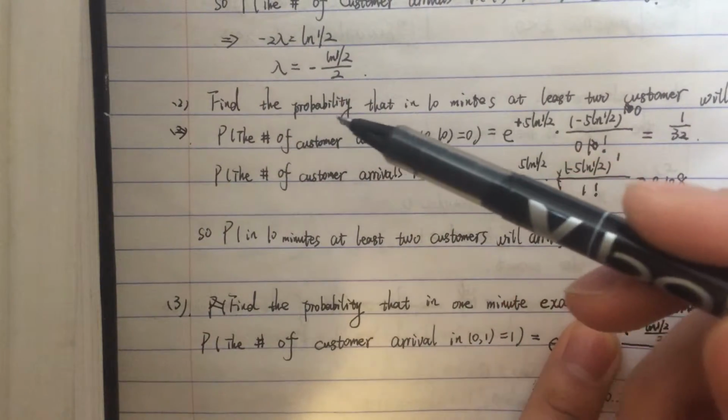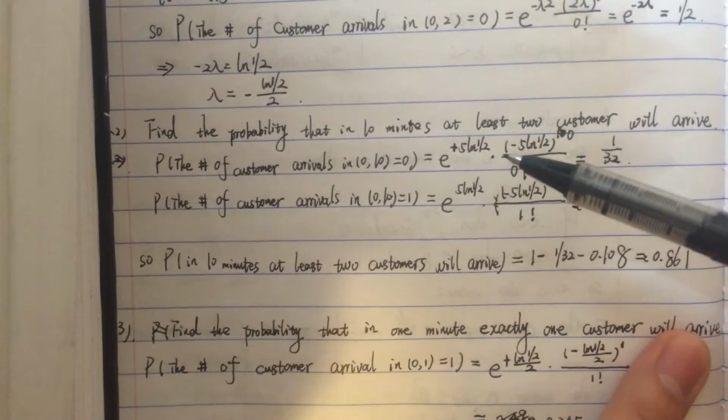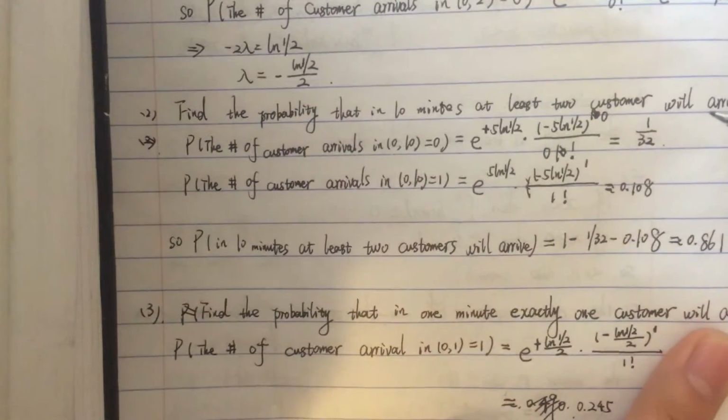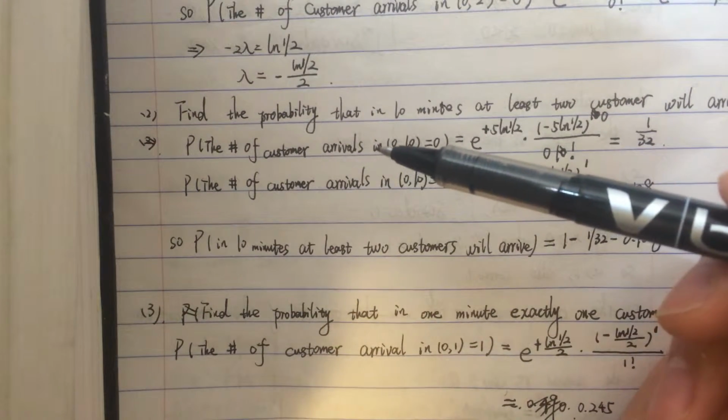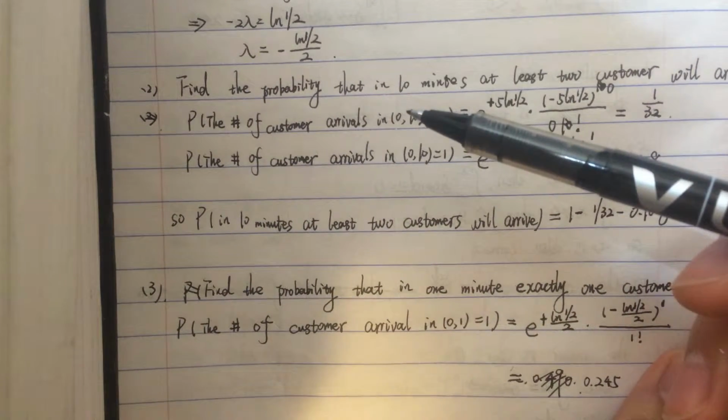And the second question is, find the probability that in 10 minutes at least 2 customers will arrive. In order to find this probability, we need to calculate 2 probabilities.